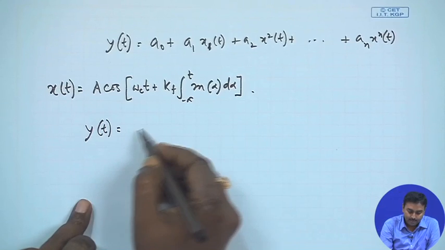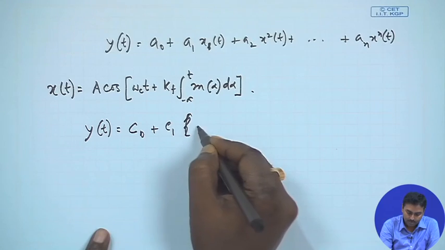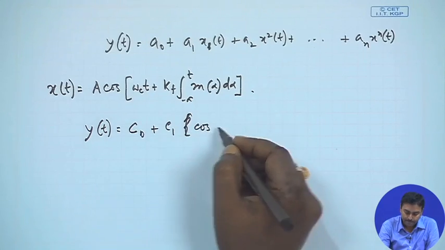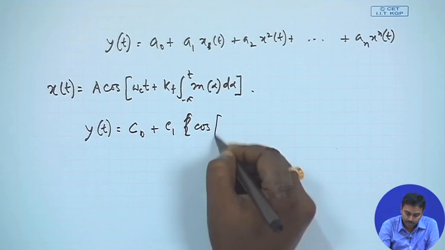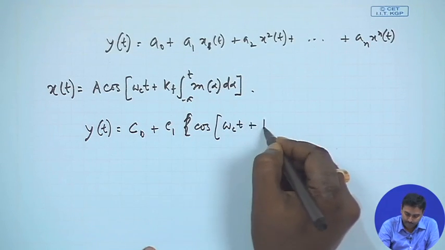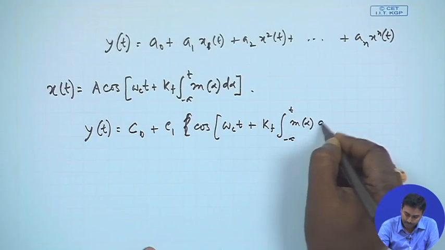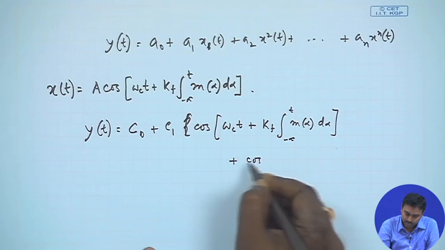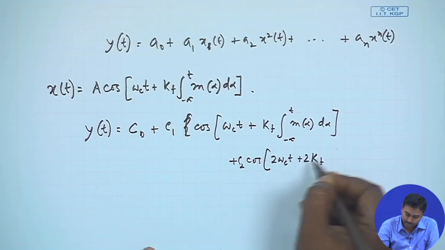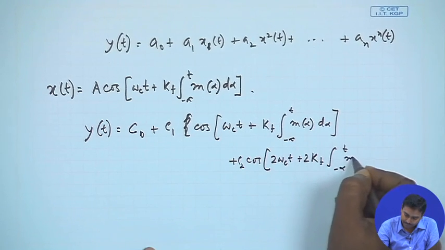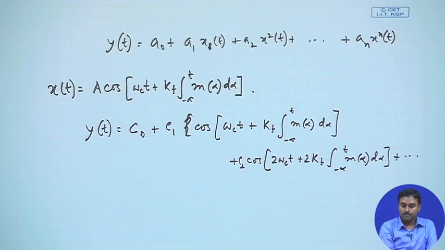I will see something like C0 plus C1 cos(omega c t plus kf integral from minus infinity to t of m(alpha) d alpha), where of course A can be taken inside C, so do not worry about that, plus C2 cos(2 omega c t plus 2 kf integral of m(alpha) d alpha), and so on up to the nth term.